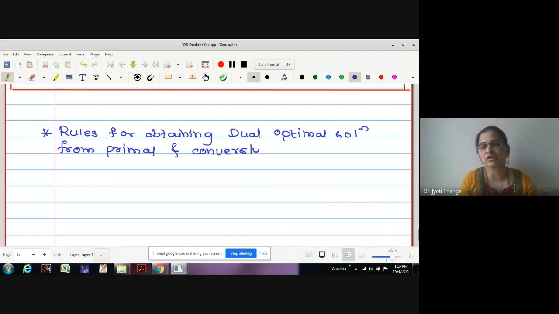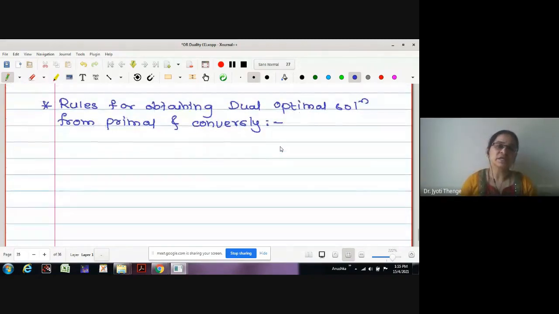While introducing this topic, I told you why there is a need to obtain the dual problem. Sometimes it is very difficult for us to solve the primal problem in case of 100 variables and 2 constraints. Then if I find its dual, it will be 2 variables and 100 constraints. Whichever we feel is easy, we can solve. Once we solve, we can obtain the solution of the remaining problem as well.